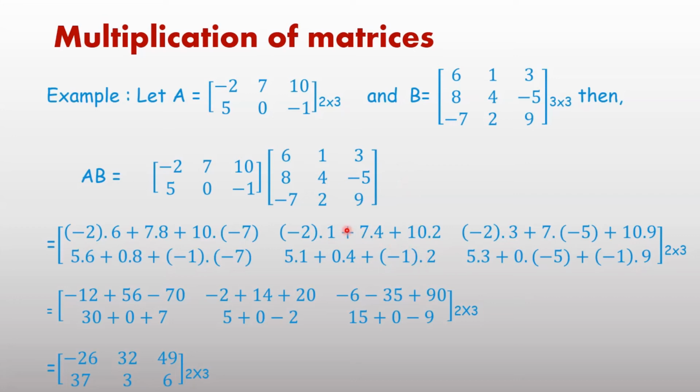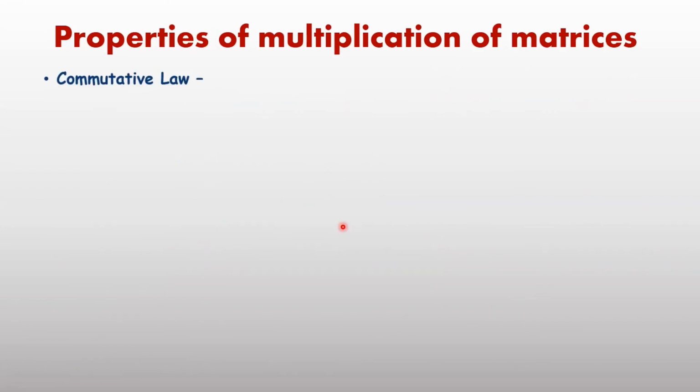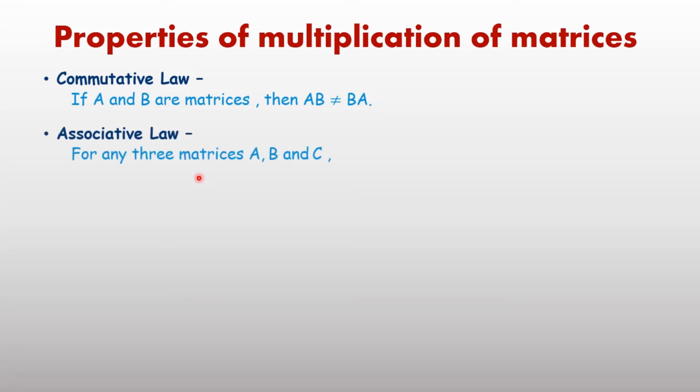Now next, properties of matrix multiplication. If A and B are two matrices, then AB is not equal to BA; you will get two different matrices if matrix multiplication is possible. Associative law: for three matrices, if matrix multiplication is possible, then AB into C is the same as A into BC.